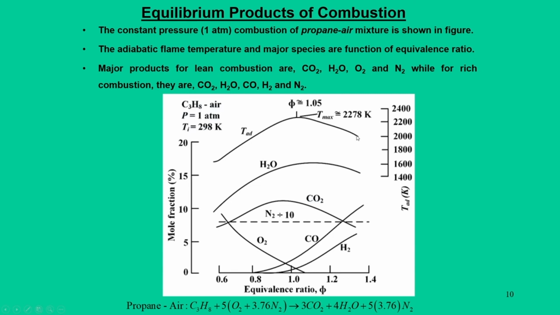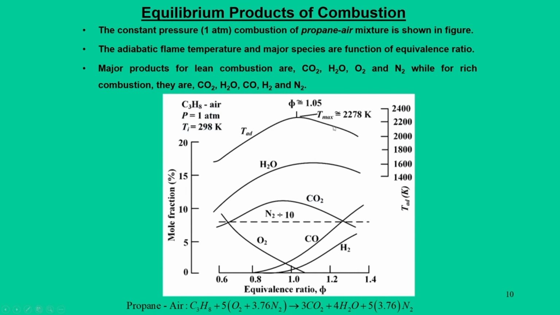One interesting phenomenon is that the flame temperature increases as the fuel quantity is increased, or the fuel becomes richer and richer. But at one point of time, the fuel does not find enough oxygen.